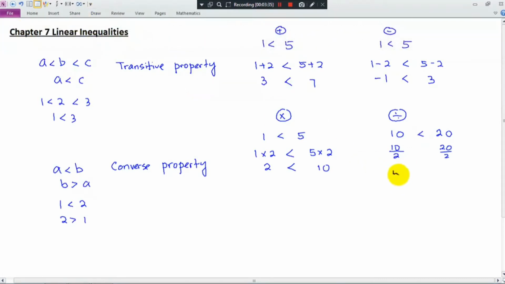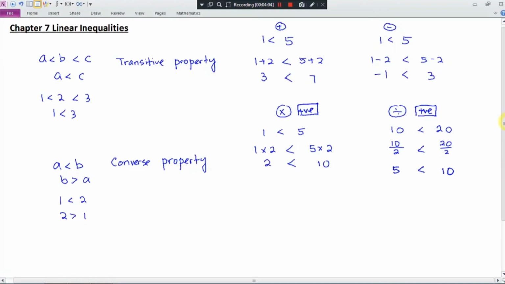So this is 5 and this is 10. You see, 5 is less than 10, right? When you perform all these operations on both sides of the inequality, the inequality sign remains unchanged. So this is multiply a positive number, and this is divide a positive number.